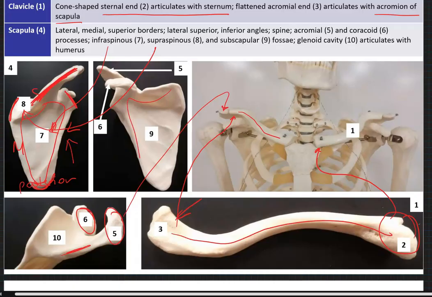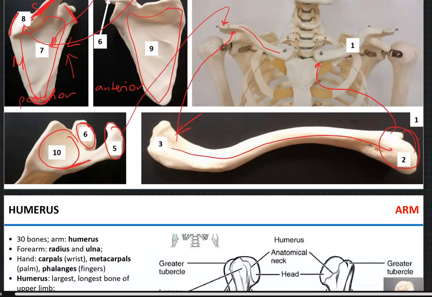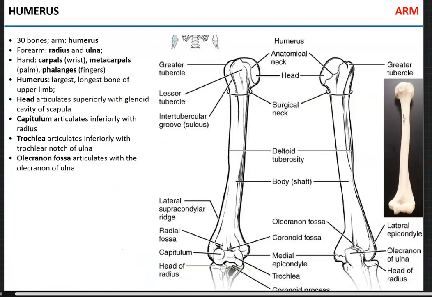And the subscapular fossa, which is located on the anterior aspect. The shallow depression that articulates with the humerus is called the glenoid cavity, and it forms your shoulder, or glenohumeral joint. Now we will talk about the upper arm.